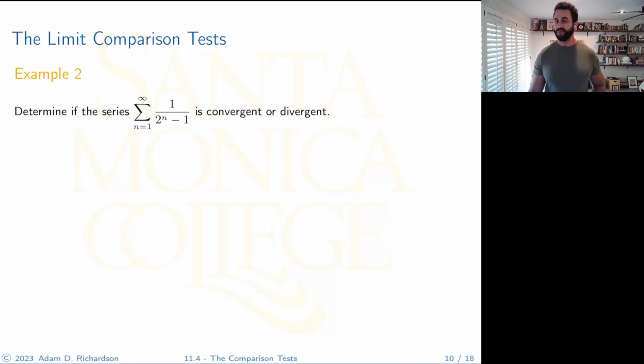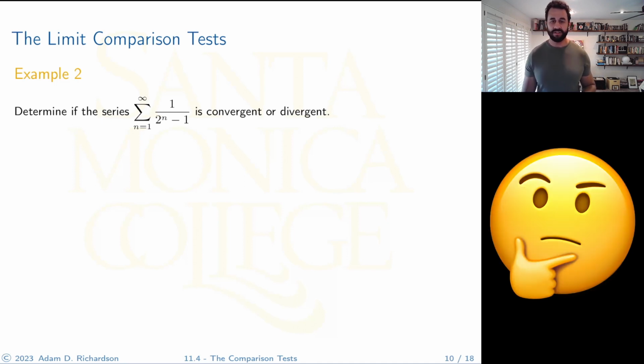Okay, so this one I want you to try on your own, and then we'll do it together. So let me throw up the thinker for a minute. Determine if this series is convergent or divergent using the limit comparison test. What's a series that you would want to use for comparison? Think about that. Okay, now say something out loud.